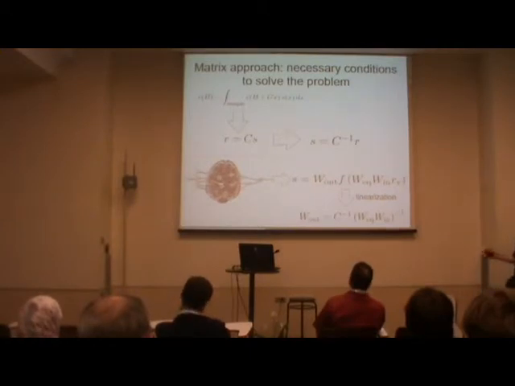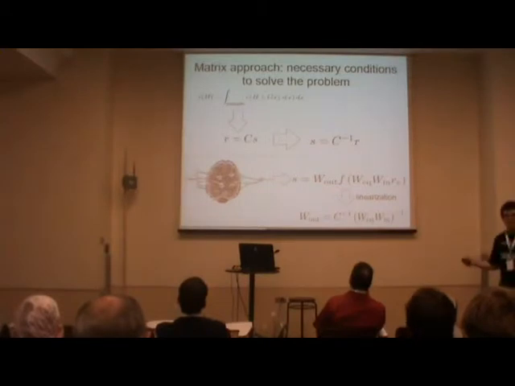So back again to the equation, what you do is you do a discretization of the integral. As I said in the talk, I expect you know what it means to discretize an integral. The discretization I write here is a simple collocation discretization. And you then arrive at the matrix equation.